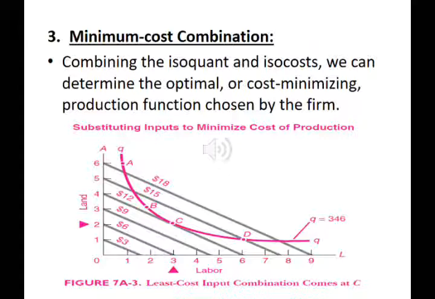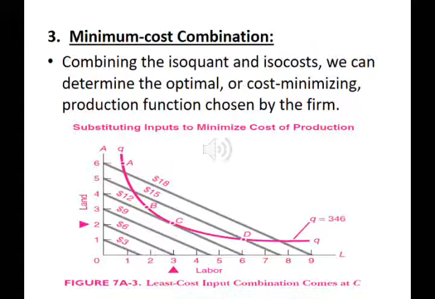Now we want a tool that could help us reach this optimal production function without having to calculate the total cost associated with each one of them, because, as we said, in the real world, firms face many production functions, not just 4 as in our example. That's why we are using this graph.